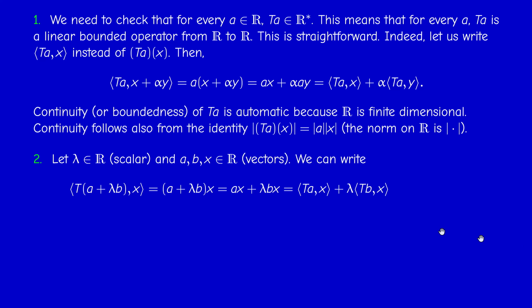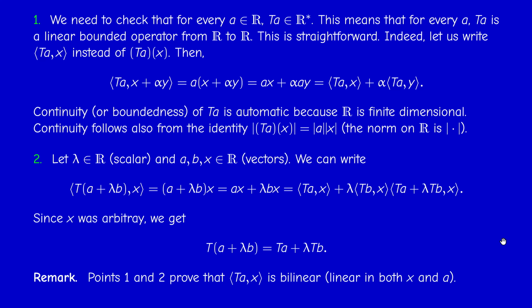And of course, I get TA evaluated at X plus lambda TB evaluated at X, which is equal to TA plus lambda TB evaluated at X by definition of the sum of two functions. But since this is true for every X, we get T of A plus lambda B equal TA plus lambda TB. And this proves the second point.